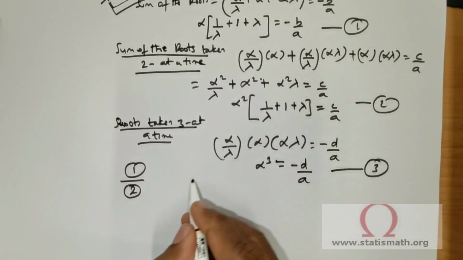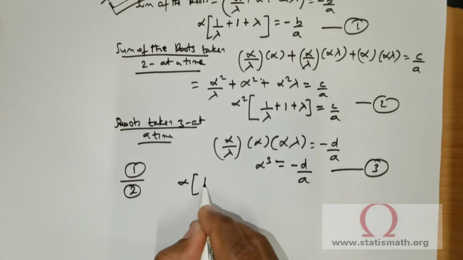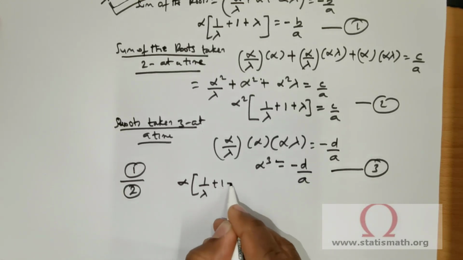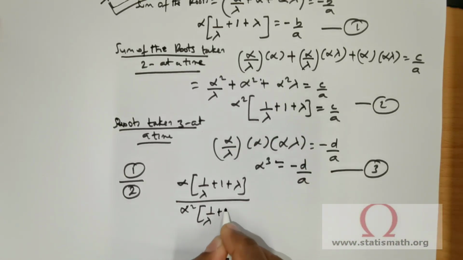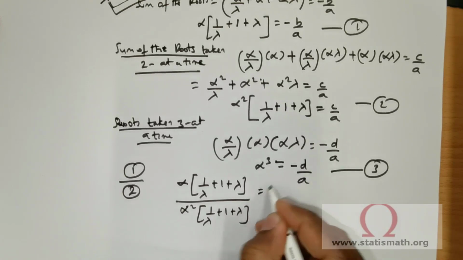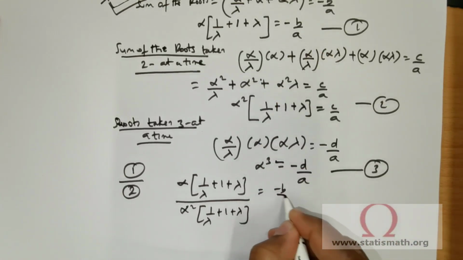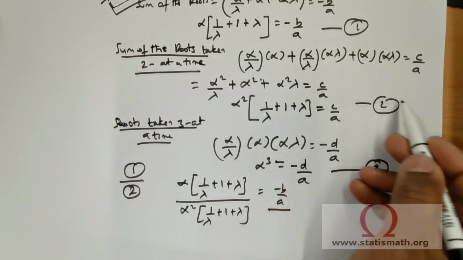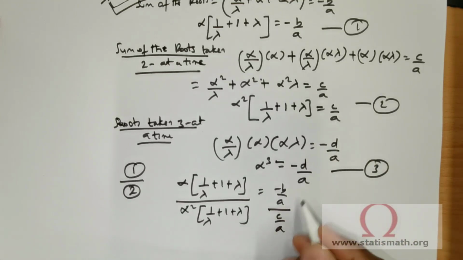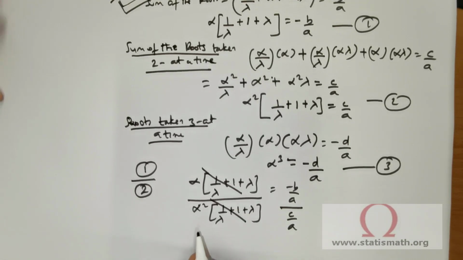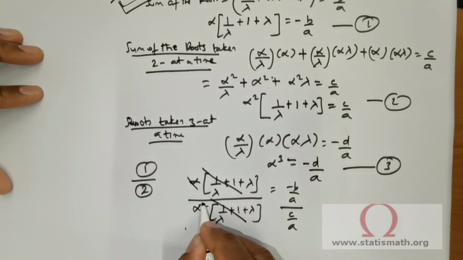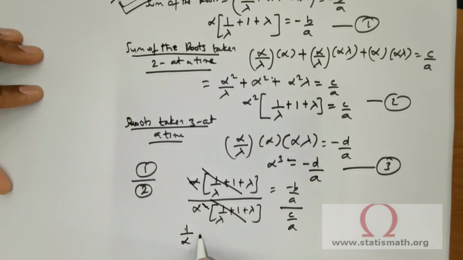1 divided by 2. So that is going to be alpha (1 over lambda + 1 + lambda) divided by alpha squared (1 over lambda + 1 + lambda). This is negative b divided by a divided by c divided by a. So these two get cancelled, giving me alpha over alpha squared, so 1 over alpha.